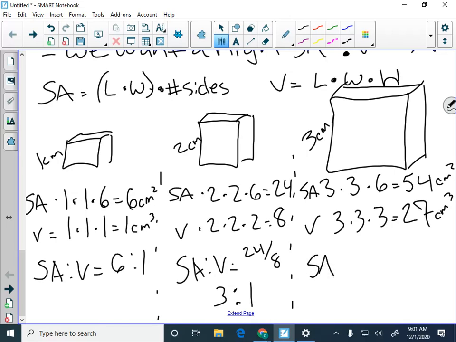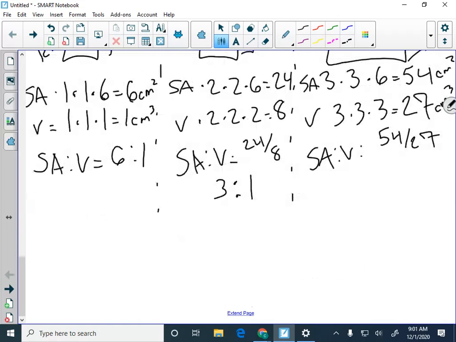So our surface area to volume ratio is 54 over 27, or 54 to 27.